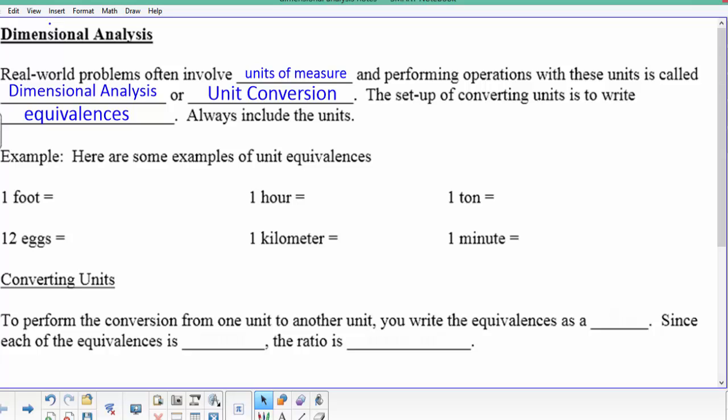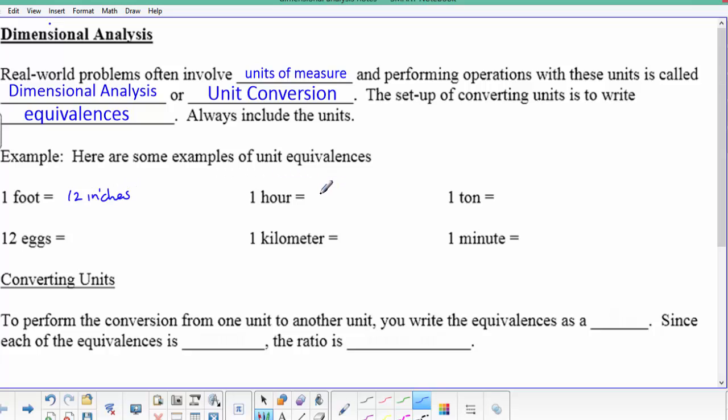Here are some examples of unit equivalents that you may have dealt with many times. For instance, what is 1 foot equal to? Well, you should know that it is 12 inches.